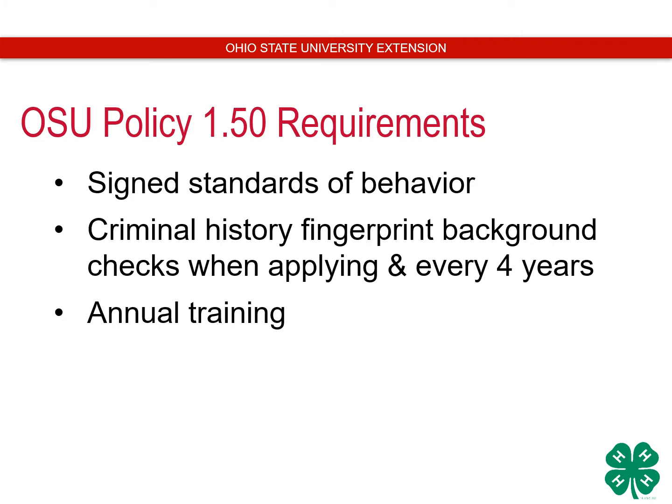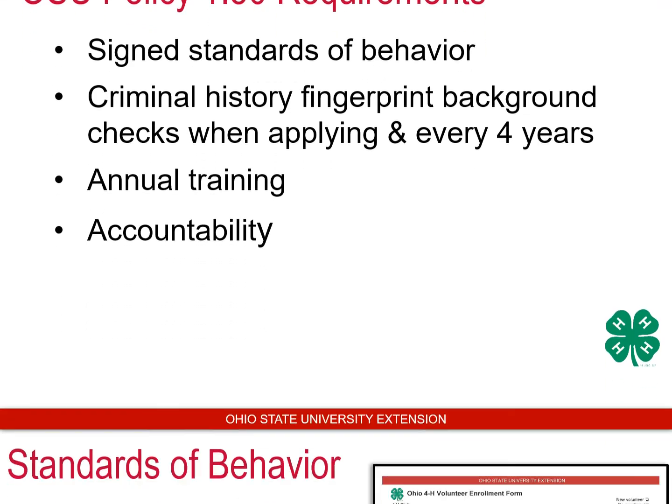You will attend annual training, and that is usually done at our 4-H update. And there is accountability in regards to the policies and procedures and your accountability and responsibility for reporting witnessed or suspected child abuse and neglect.